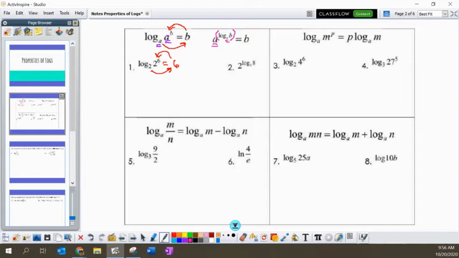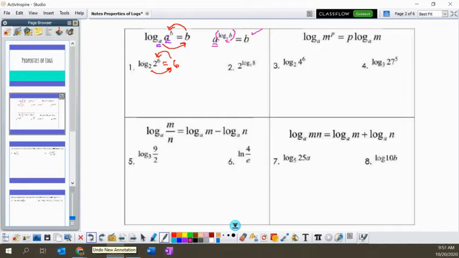We're not actually finding the answer to that, but whatever that power is, I'm going to raise a to that power. So I'm raising a to the power you raise a to get b, and so what do I get? I get b. Again, the exponential and the logarithm have the same base, and because they're inverses of each other, they undo each other, and that's how we get b.